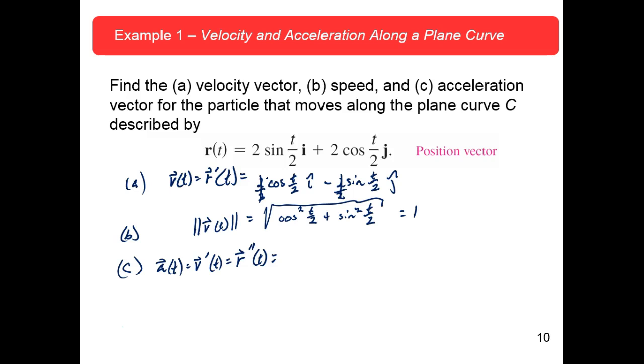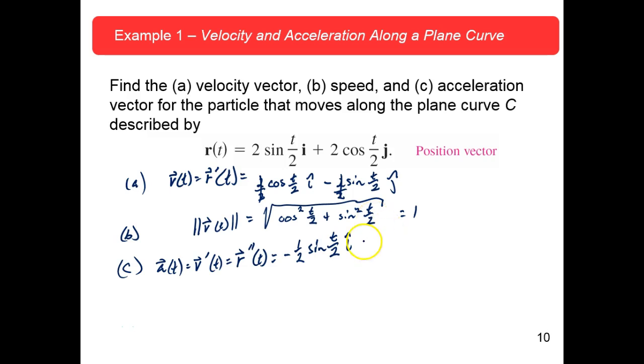This will be negative sine of t over 2 i, with chain rule component divided by 2, or multiplied by 1/2, right?